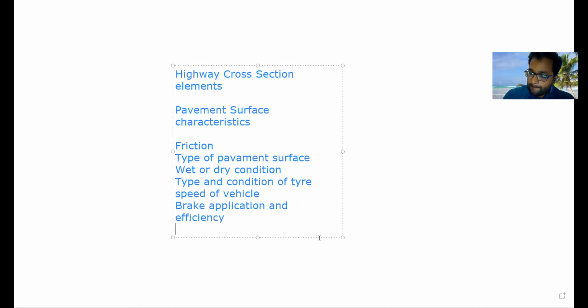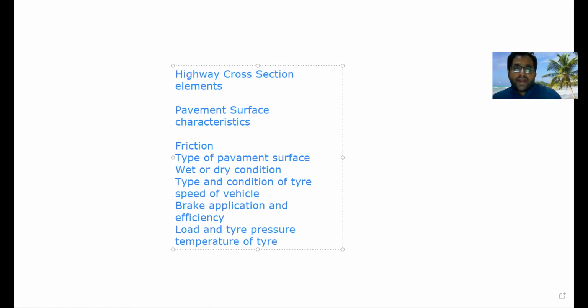Then load and tire pressure. Then temperature of tire. Okay, these are the different pavement surface characteristics which will decide the geometric design considerations of the highway.